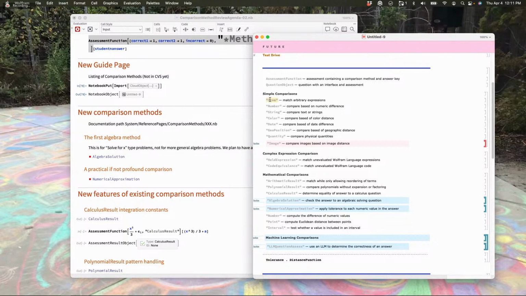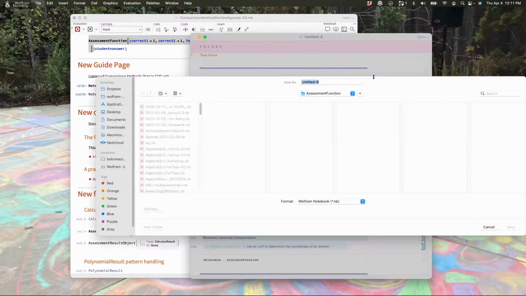But then we should say there, compare by pattern matching expressions. I think you can hyphenate pattern-matching in that case. Sure. Let me save this.